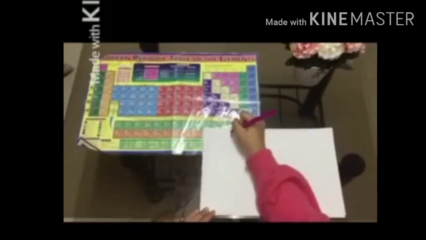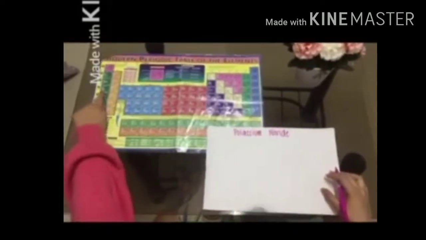The next example is potassium nitride. Potassium nitride is K, and nitride, which is nitrogen.